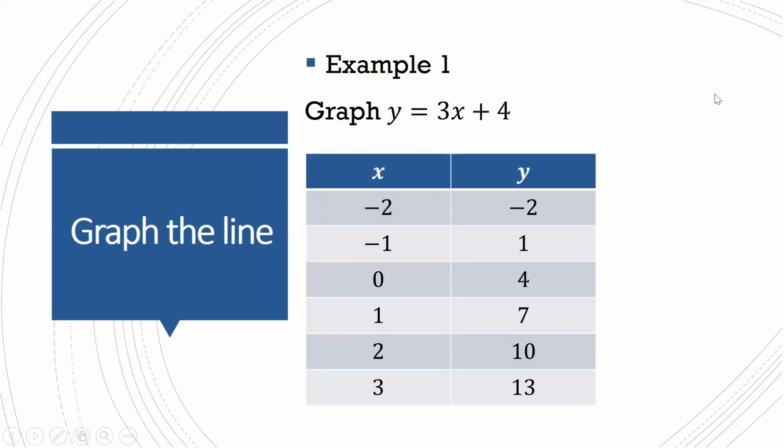In our previous video, we looked at the line y equals 3x plus 4. This line was actually in slope-intercept form. For this line, the slope is 3, and the y-intercept would be the point (0, 4).